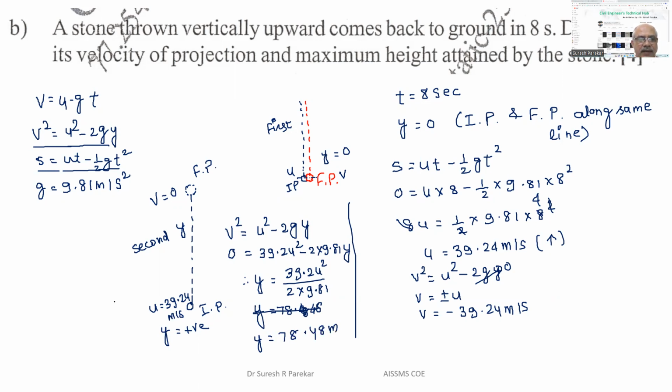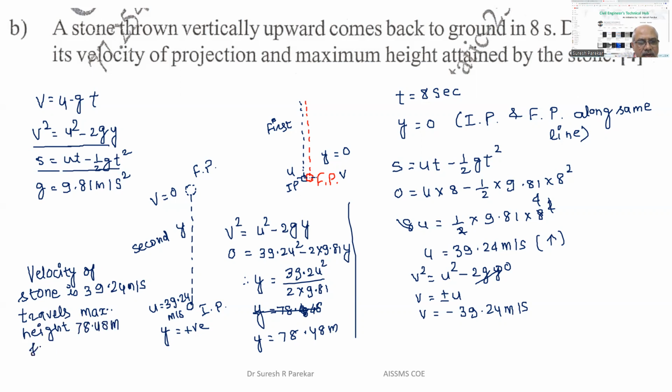So I will write here, the velocity of the stone is 39.24 meter per second, and it travels a maximum height of 78.48 meter from the ground.